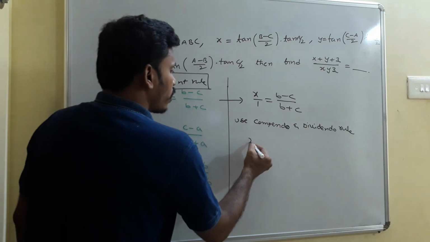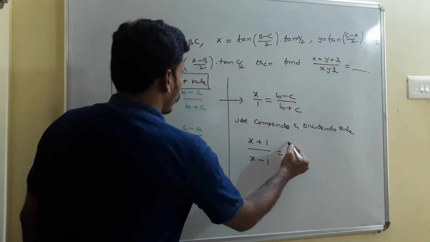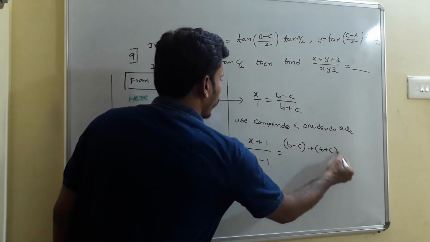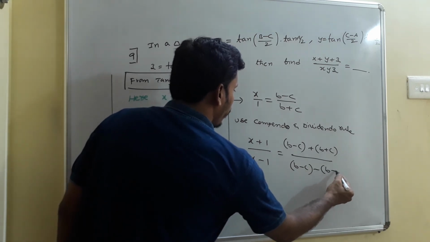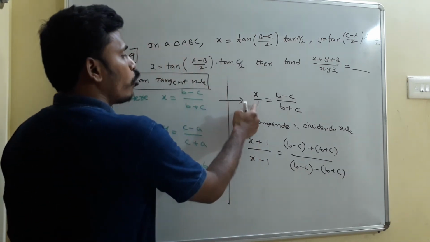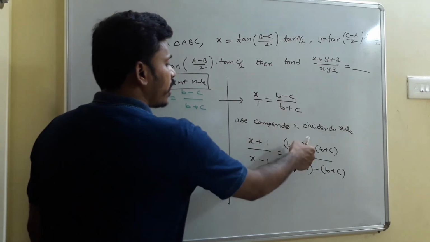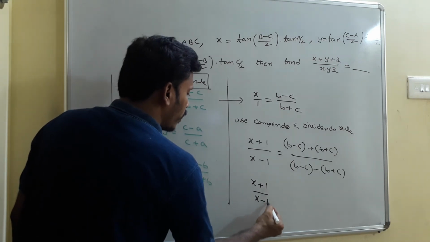With that logic, (x plus 1) divided by (x minus 1) is equal to (b minus c plus b plus c) divided by (b minus c minus b plus c). Just add numerator and denominator on this side, subtract; this side also add and then subtract. So this is (x plus 1) by (x minus 1).